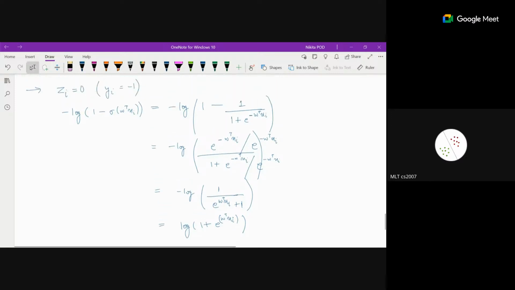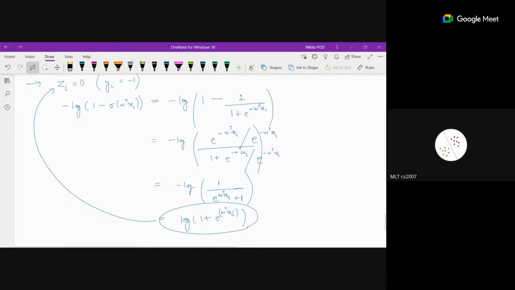Now, let's go back to here. So we had started with Zi is equal to 0. It means we want yi to be minus 1. So if we try to introduce yi in this expression, we can write this as log of 1 plus e to the power minus of W transpose Xi times yi.